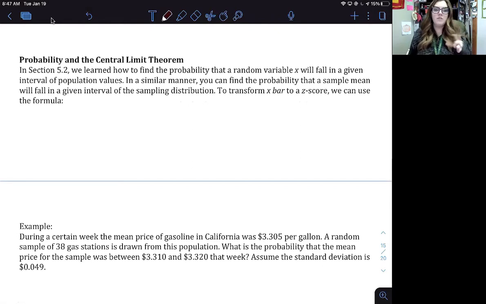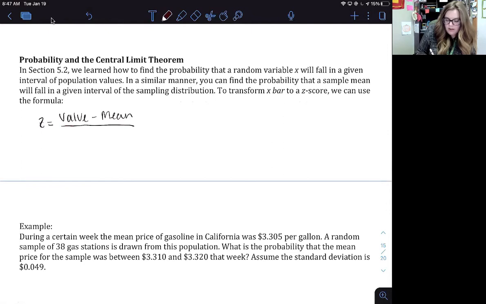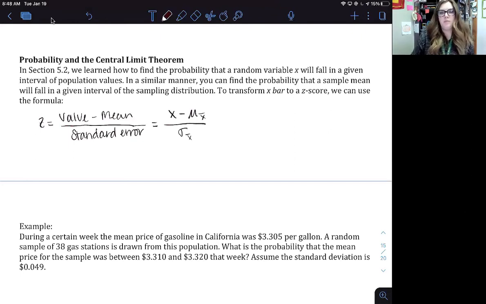We're going to have to change our formula a little bit. So here, we're going to look at z equals the value minus our mean, and here we're going to be dividing by our standard error. Which means we're doing x bar minus mu of x bar, divided by our standard error, sigma of x bar.